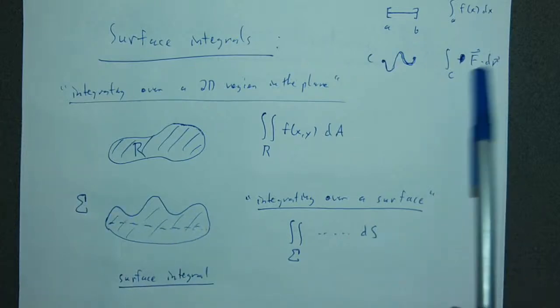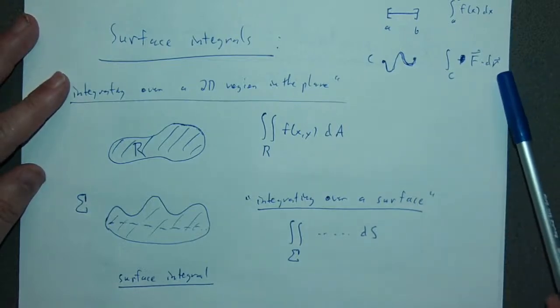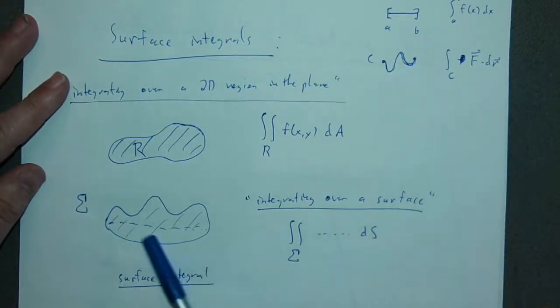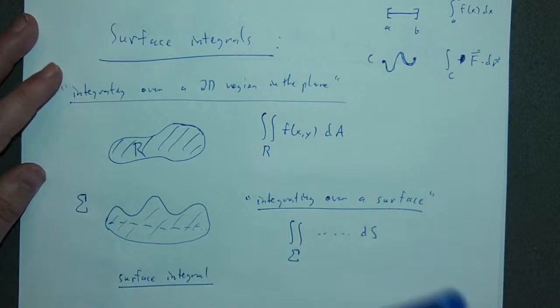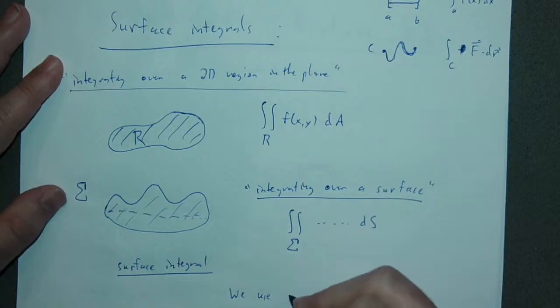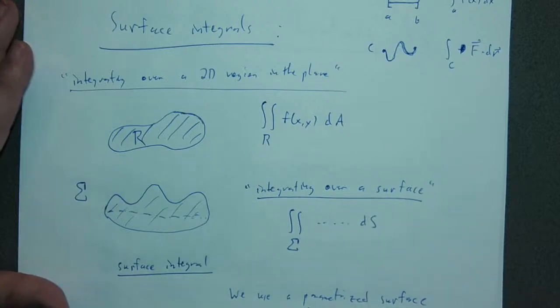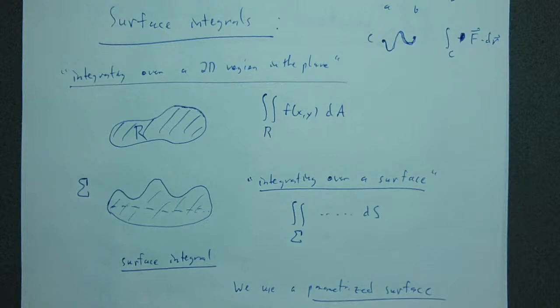Following the analogy here, you might expect that this uses the parameterization now not of a curve, but of the surface. And indeed, that's exactly what this does. So we use a parameterized surface here, the notion of a parameterized surface that we developed at the end of chapter 14 stuff, to make this a lot more manageable.